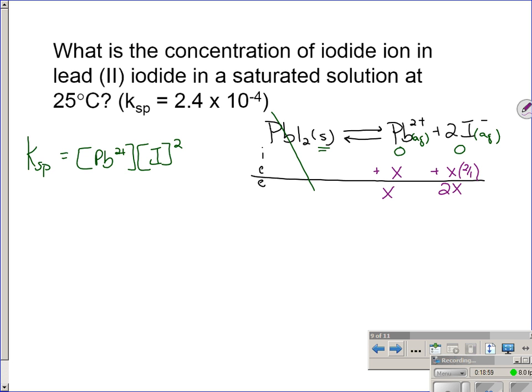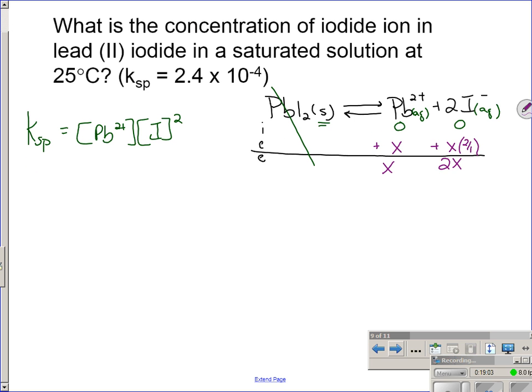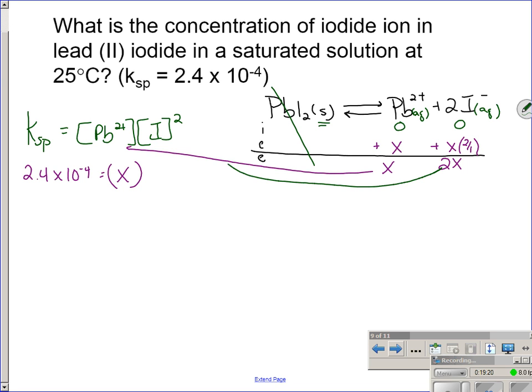We can plug that into our equilibrium constant expression. KSP was given in the problem, 2.4 times 10 to the negative 4, equals the concentration of lead ion, X, times the concentration of iodide ion squared. So that's going to be 2X squared.